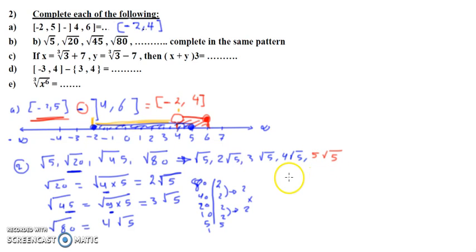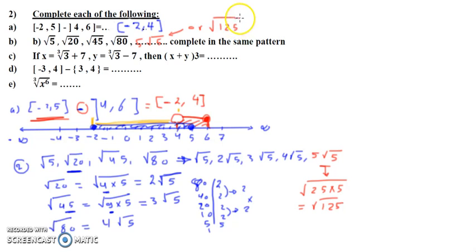We can write it again in this form: square root of 25 times 5, which equals square root of 125. So we can write it in this form: 5 square root of 5, or square root of 125.